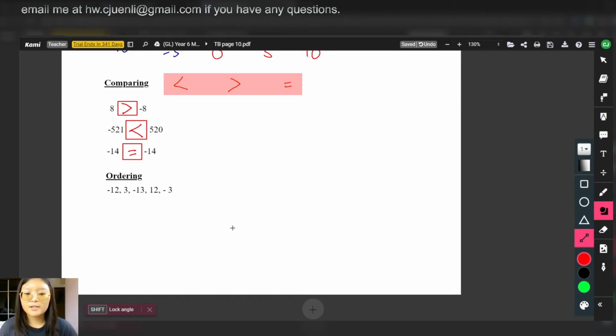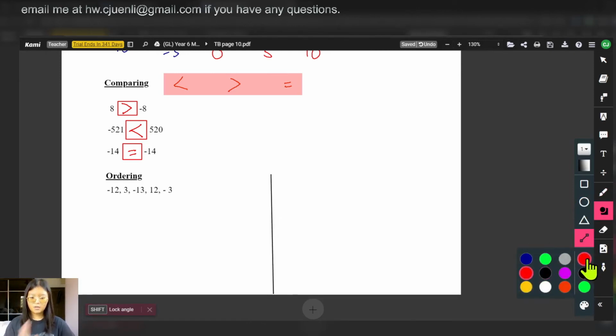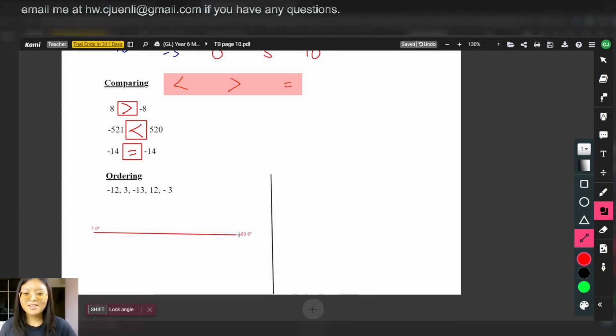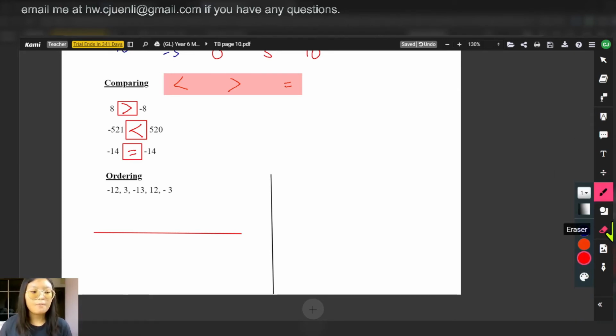First things first, let me draw a line in between so you can see the difference. Sorry if the line is not that straight. As long as you can see and understand it, right? It's not a must to draw this number line, but it's one of the things that you can do. So let us do this first one from the biggest to smallest.